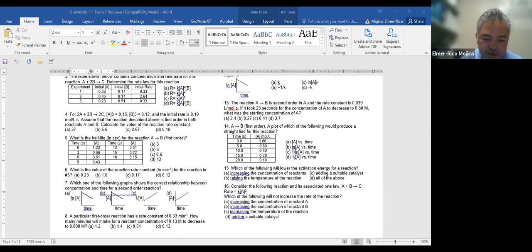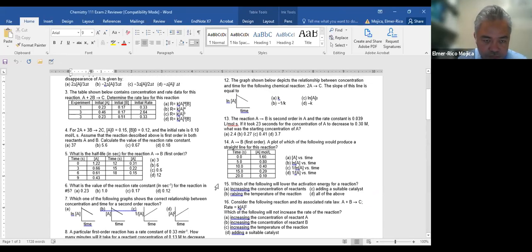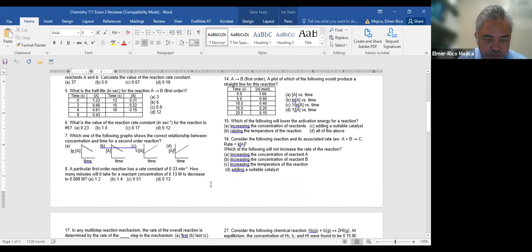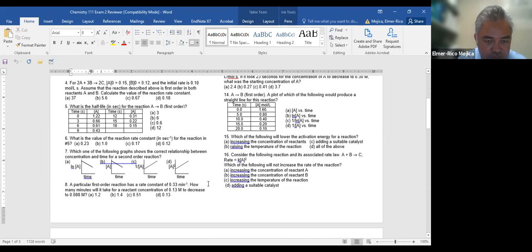So if you look at the questions that we have here, number 6: what is the value for the reaction rate constant for the reaction in number 5?